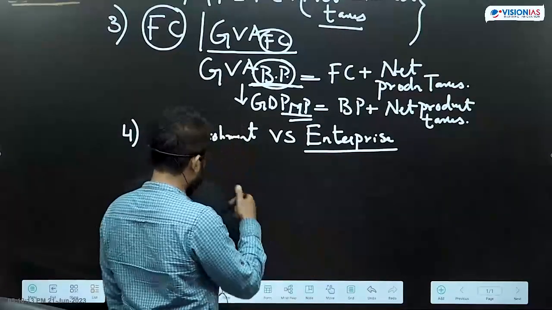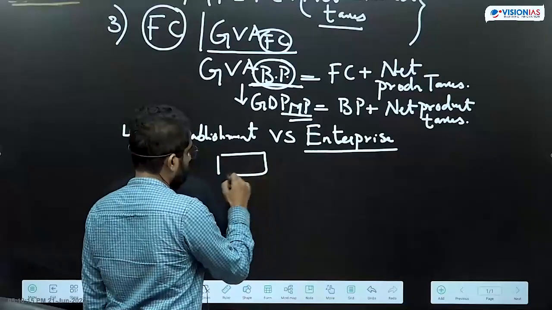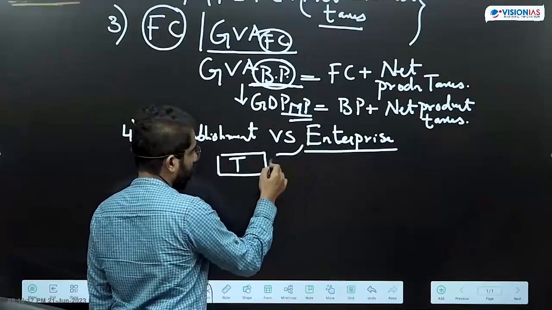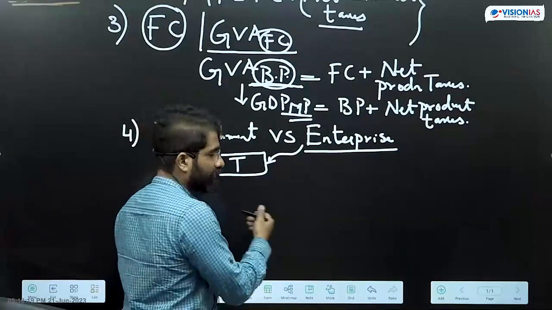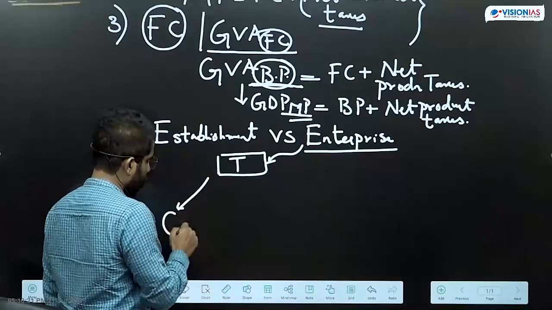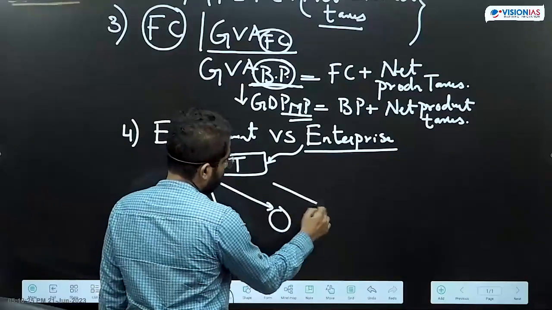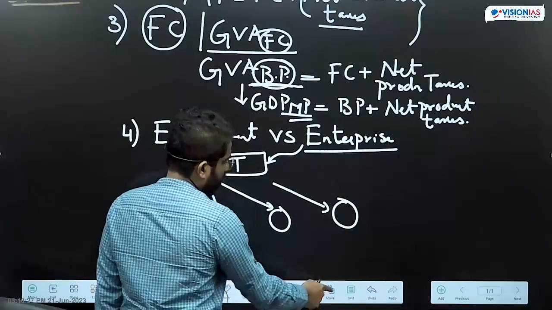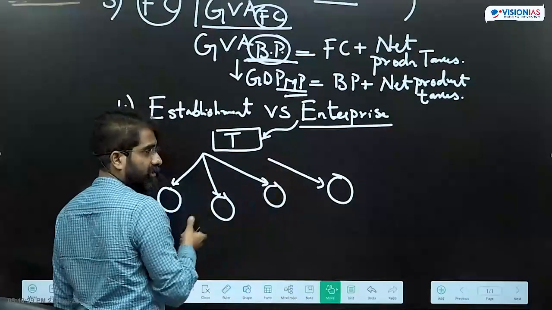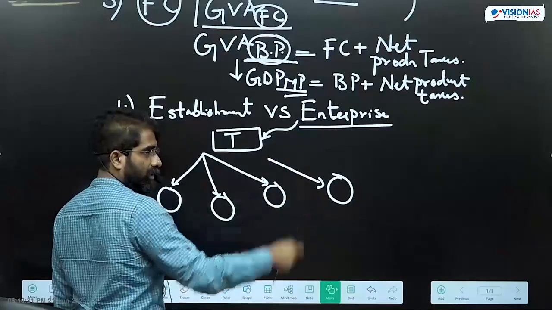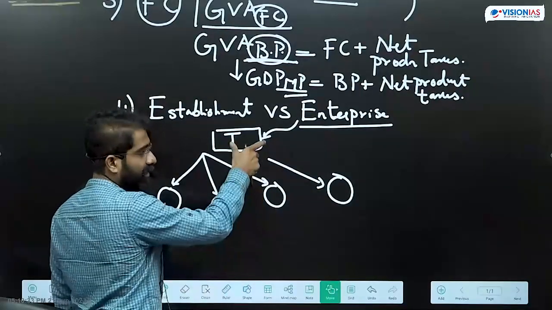For example, this is Tata's main enterprise. This enterprise has several other establishments. That means it has sub companies. Tata's has other small extensions. This is the main enterprise.